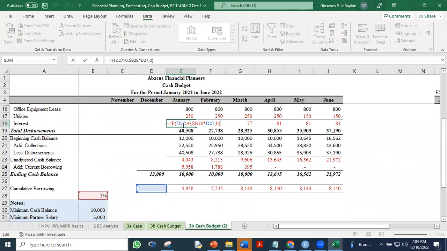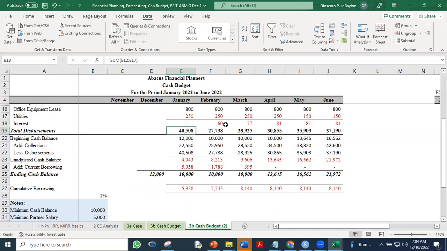So if D27 is greater than 0, so if there's a cumulative borrowing from the previous month, then we will multiply the 1% interest by whatever is the cumulative borrowing. Otherwise, it will be 0.